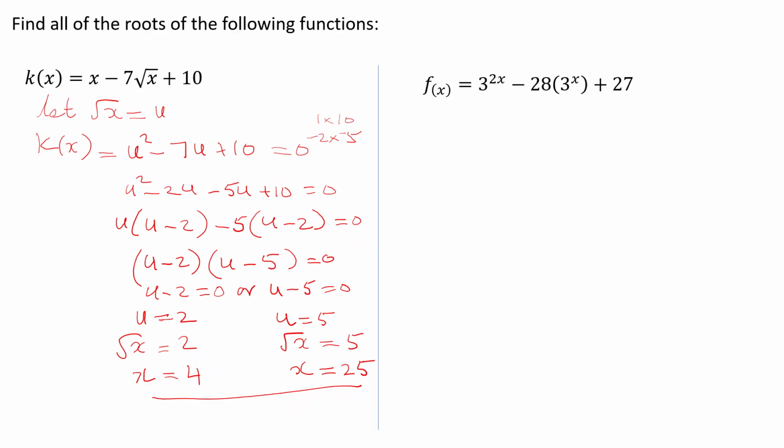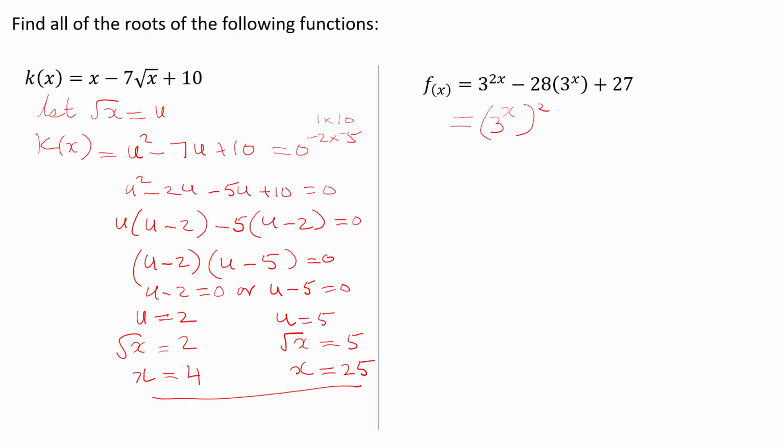Next one, f(x) equals 3 to the power 2x minus 28 times 3 to the power x plus 27. So this function I'm going to rewrite. 3 to the power 2x means 3 to the power x and square it.